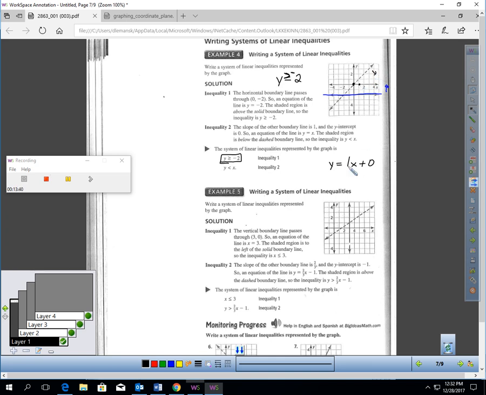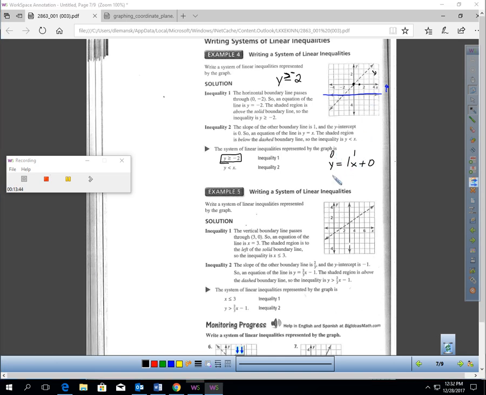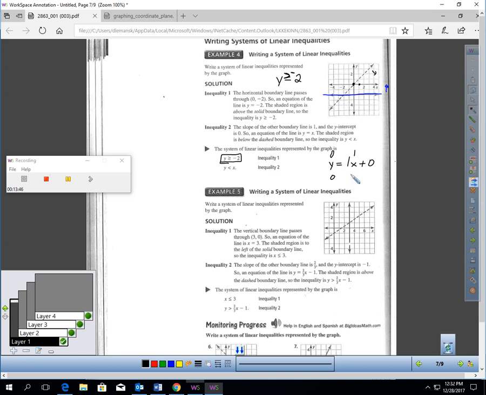So if I plug 1, 0 in, it better give me a true statement. So if I put a 1 in here and a 0 in here, what statement would make that true? Well, 0 less than 1 would be true. So that's the symbol I need to use here. y is less than 1x. That's why they have that. y is less than x. There's your system. We just wrote it.